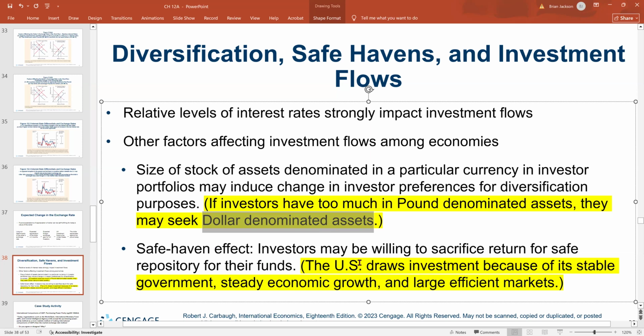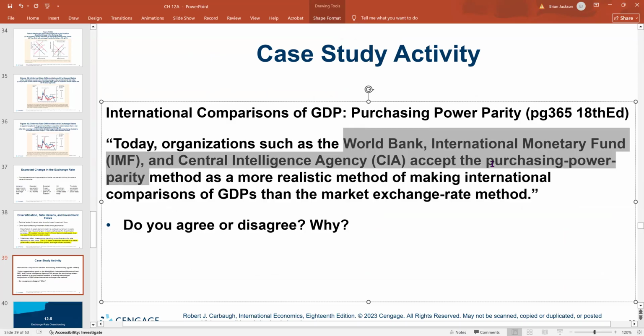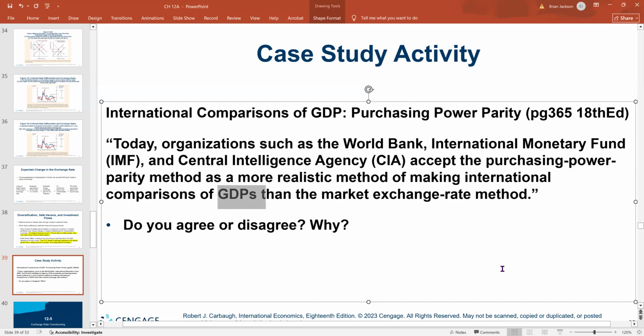Also, the U.S. is kind of a safe haven for a lot of investment. It draws investment because of its stable government, its steady economic growth, and its large, efficient markets. There's a case study in your book that talks about how the World Bank, the International Monetary Fund, and the Central Intelligence Agency use purchasing power parity as the go-to method for comparing gross domestic products between countries.